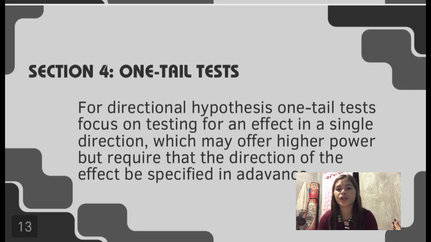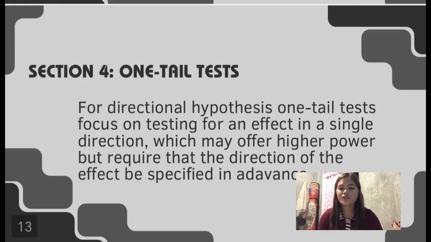So, section 4, the one-tail test. For a directional hypothesis, a one-tail test focuses on testing for an effect in a single direction, which may offer higher power but requires that the direction of the effect be specified in advance.